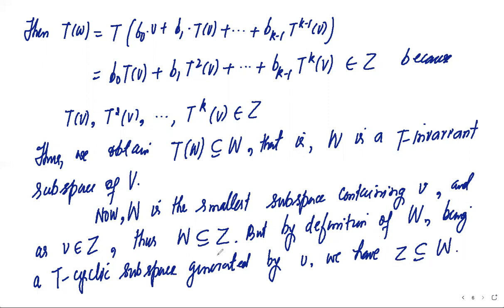So from these two, W is a subset of Z and Z is a subset of W. Thus we obtain W is equal to Z. Then the dimension of W is equal to the dimension of Z. But now Z is generated by j number of vectors, so the dimension of W is equal to j.